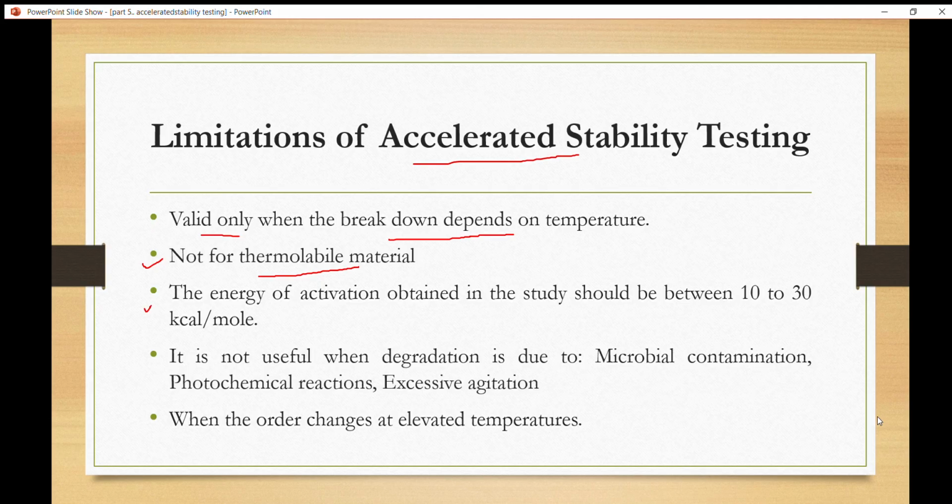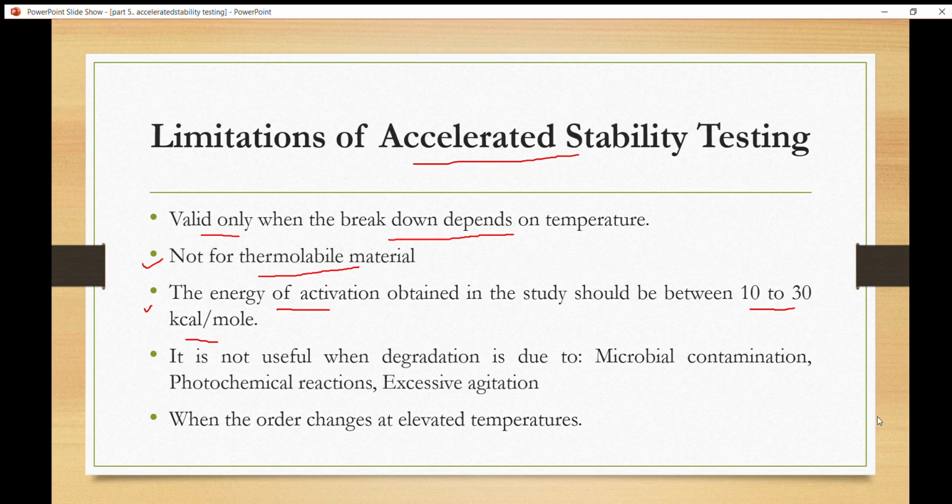The next limitation is that the energy of activation obtained in the study should be 10 to 30 kilocalorie per mole. Means the energy required to start the reaction should be between 10 to 30 kilocalorie per mole. If the energy is less or more, then this equation is not applicable.